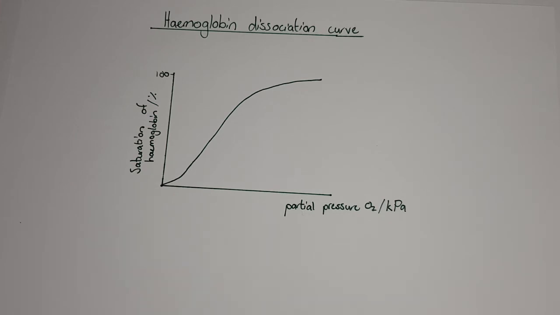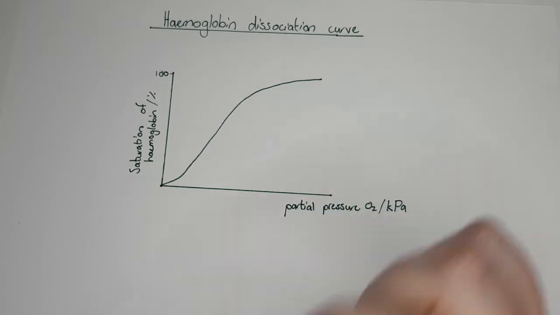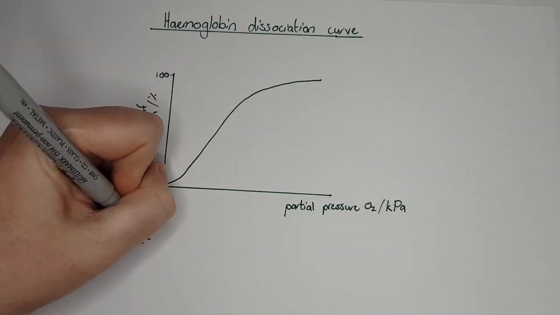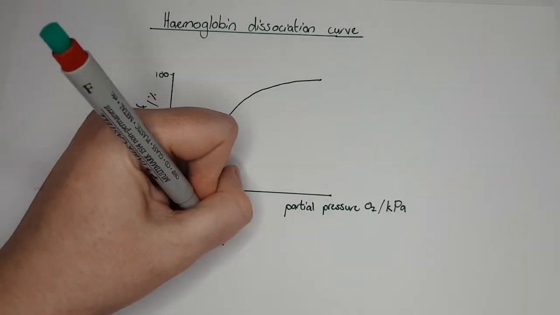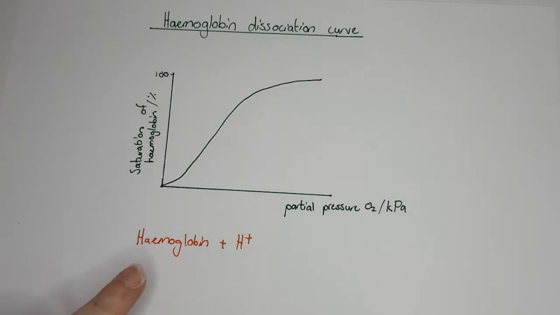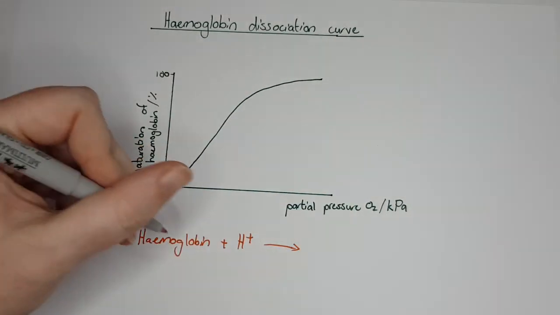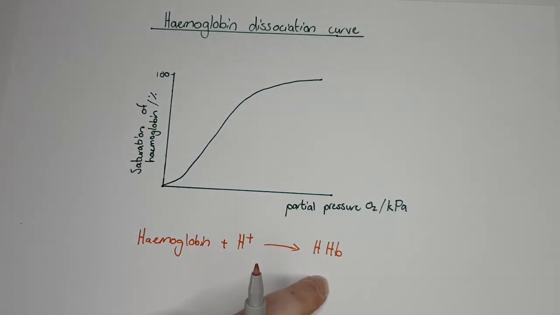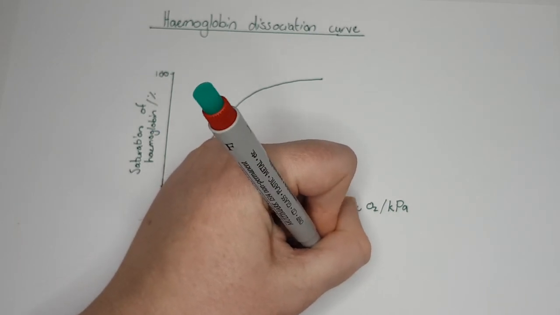So in order to get rid of the hydrogen ions, it's going to shift this curve because hemoglobin can pick up hydrogen ions. And when hemoglobin picks up hydrogen ions, it makes something called HHb, hemoglobinic acid.